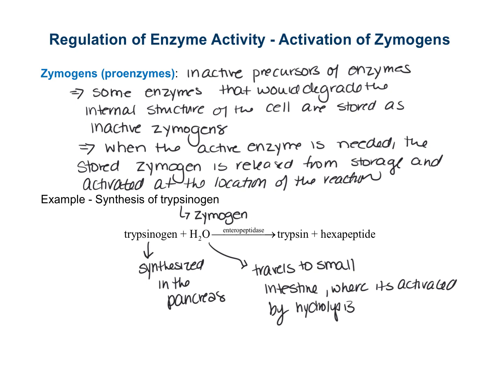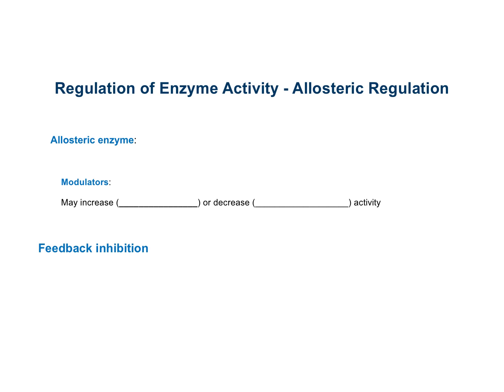Now, let's talk about allosteric regulation. A second method of enzyme regulation involves the combination of an enzyme with some other compound, like a three-dimensional conformation of the enzyme being altered and its catalytic activity is changed. So when we talk about allosteric regulation, this refers to the control of an allosteric enzyme.